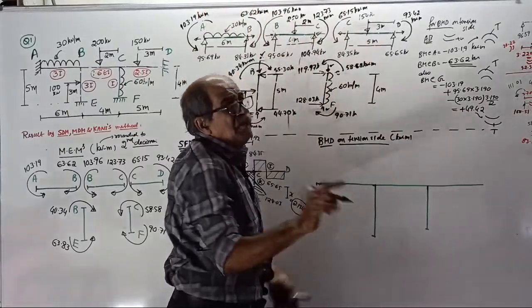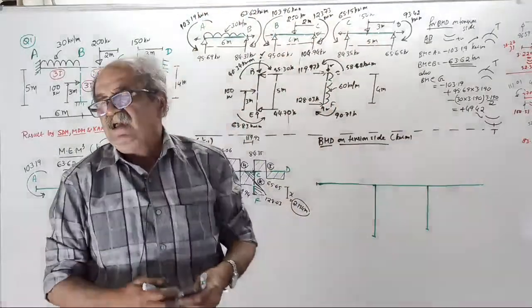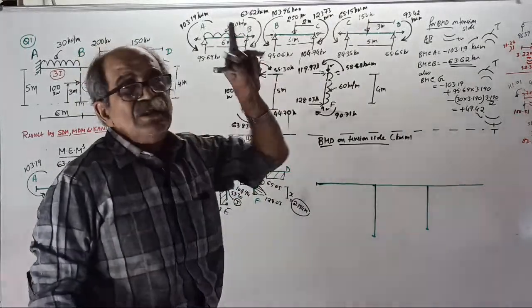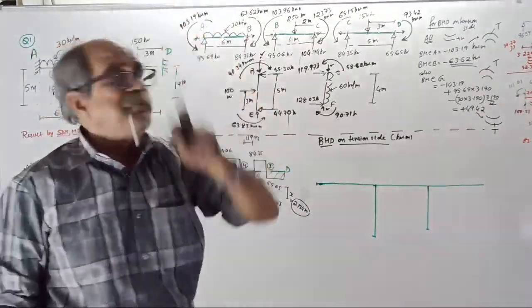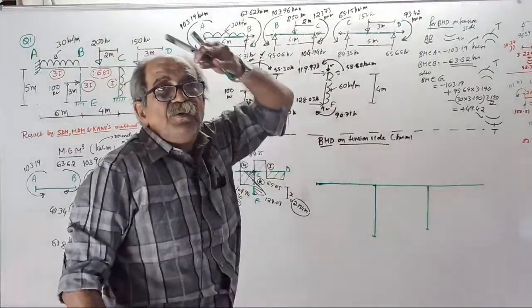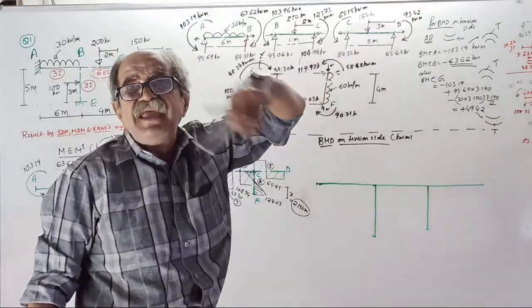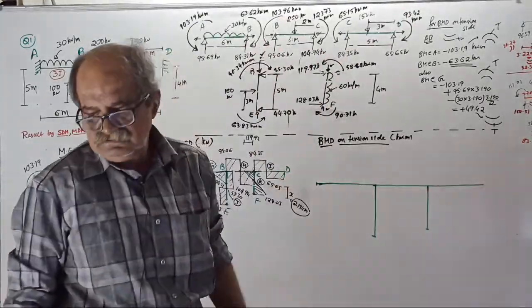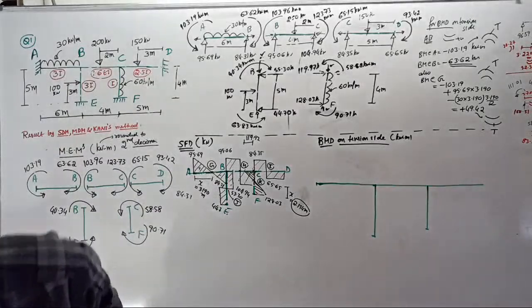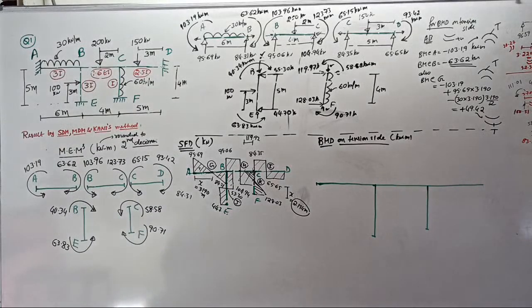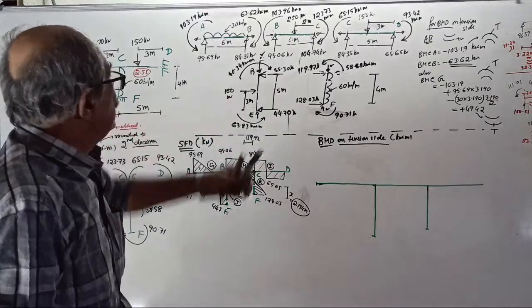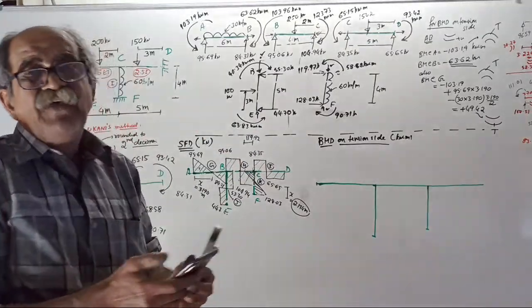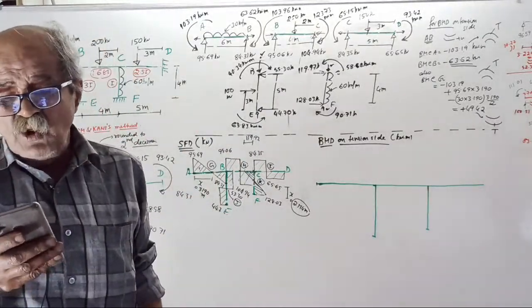Remaining two members, I will not explain. Clear or not? Negative means hogging, no minus now, tension at the top. Positive means sagging, tension at the bottom. So I will not explain this for the remaining two members, because in the course I told this thousands of times.